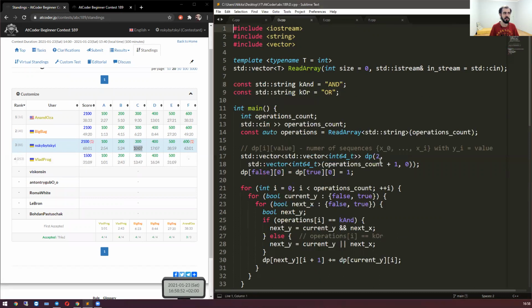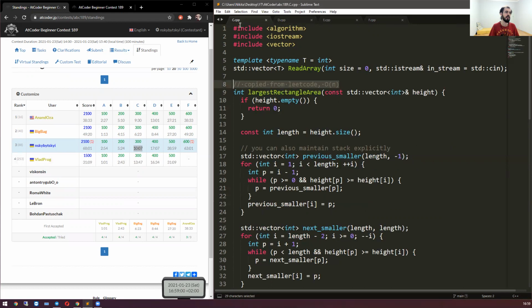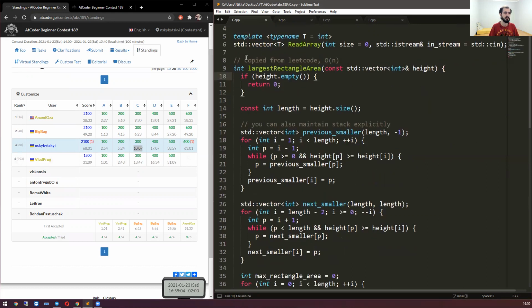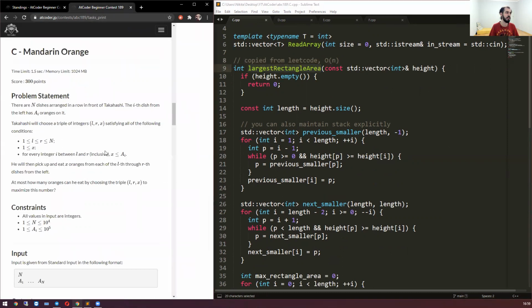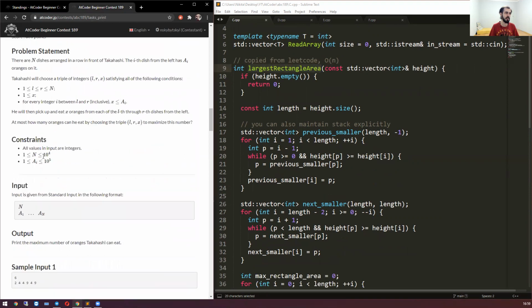But at the same time I was implementing D, so I got away with it without much time lost. So I just copied one solution from LeetCode. It's the largest rectangle in histogram, a visual representation of that problem. There are also other ways to do it.